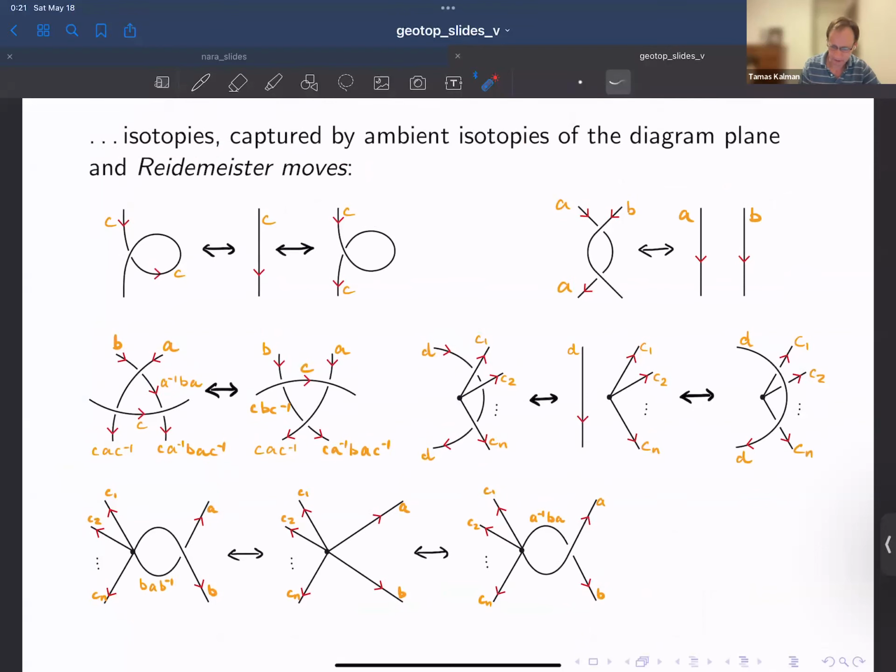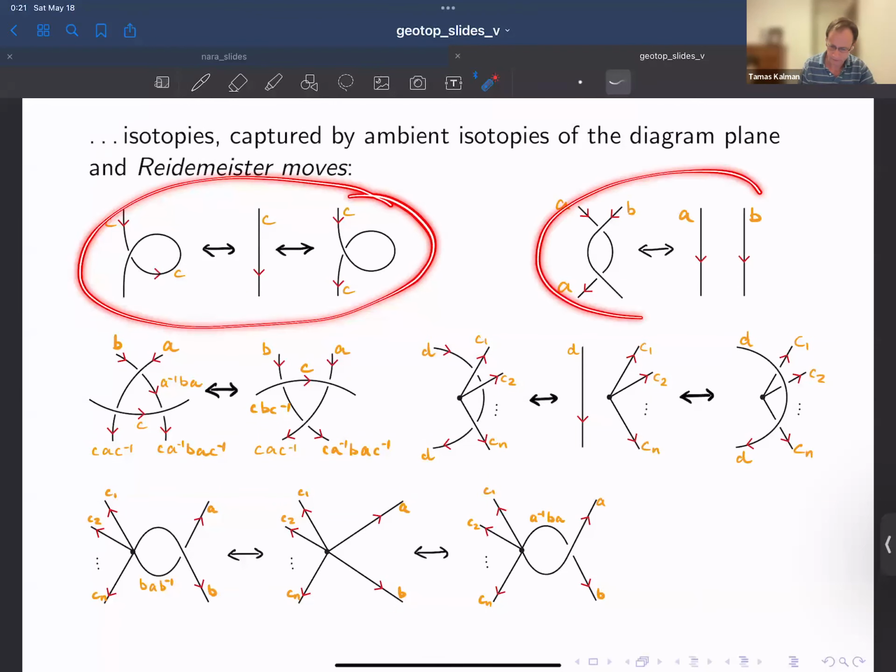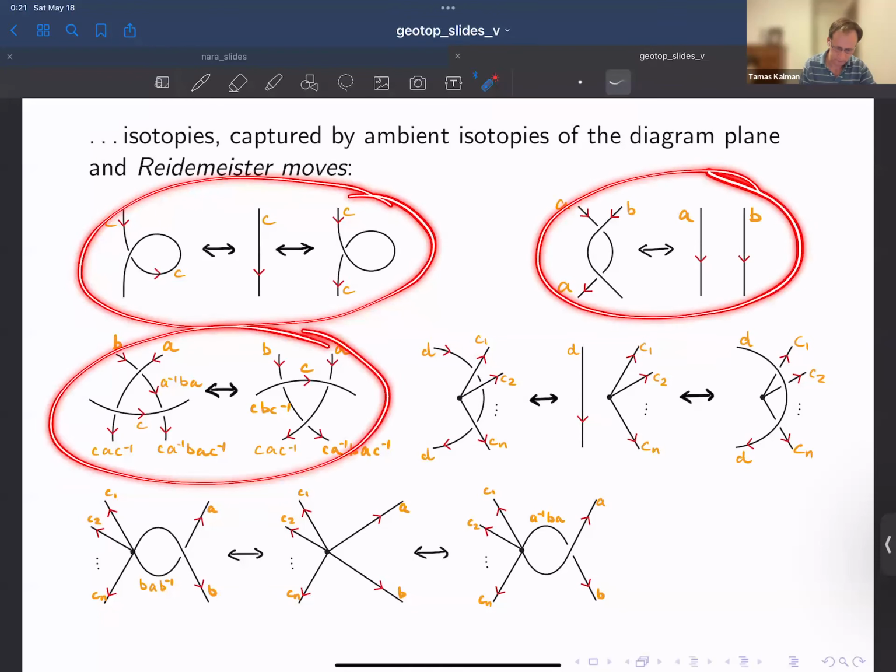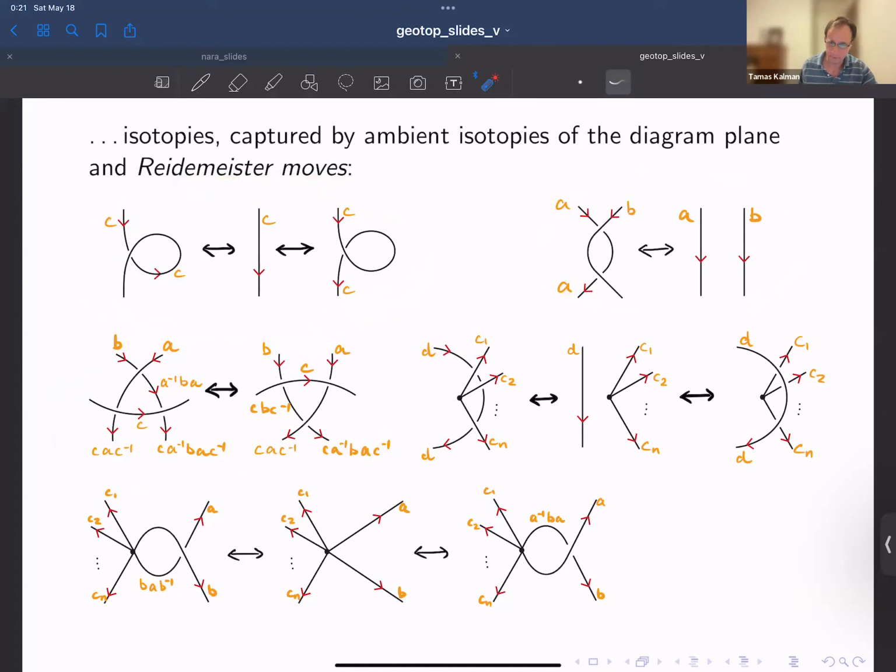Maybe the diagram simply gets pushed around without changing its combinatorics, but there can also be Reidemeister moves. They can be the usual knot theory Reidemeister moves, 1 and 2, and do I even have 3? Yeah, here it is. So that can happen, and everything is labeled, and I kept track of the labels here. It gets a little bit complicated sometimes, but never mind.